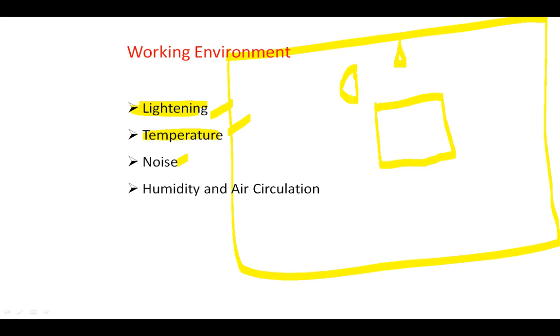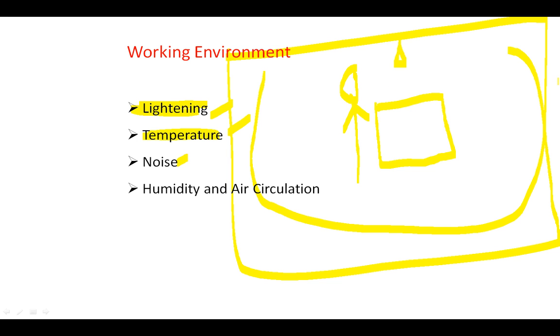Suppose a user is standing here, so light should be higher on the work table where the user is working, and the rest of the surrounding light should be somewhat less, not very less but somewhat lesser than the light on the table. So this helps in focusing on the task.